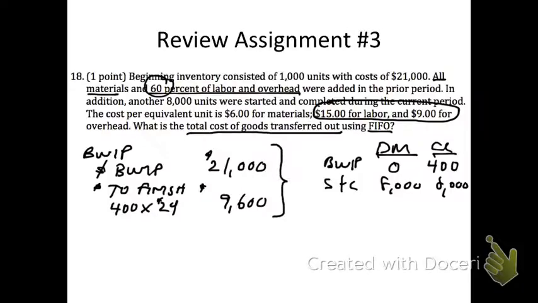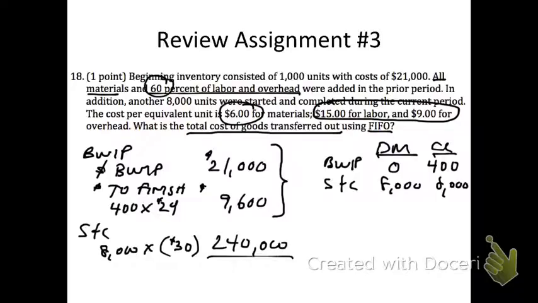This is the total cost of those 1,000 units. And then started and completed, I have 8,000 units, and I can multiply that times the $6 plus the 24. I can multiply that times the 30, and you get 240,000.